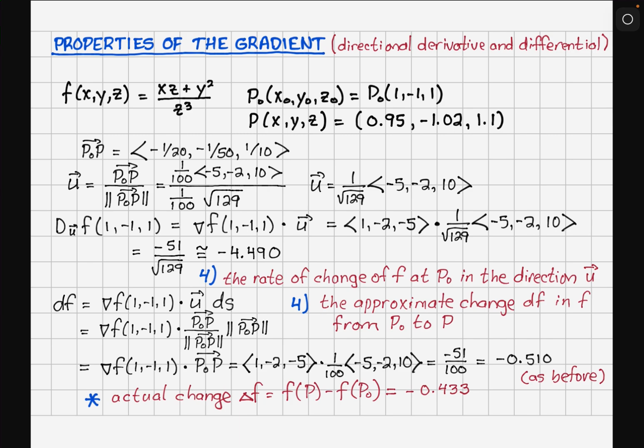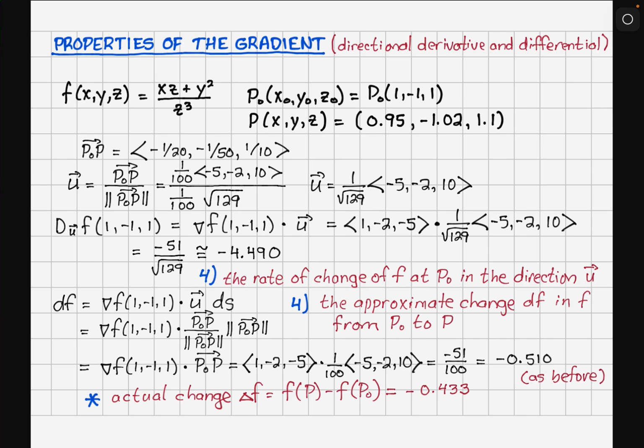If you're curious, you can calculate the actual change in f, delta f, from P naught to P. Remember, that's f of P minus f of P naught. And the actual change is negative 0.433. So slightly off right here by 77 thousandths from the actual change.